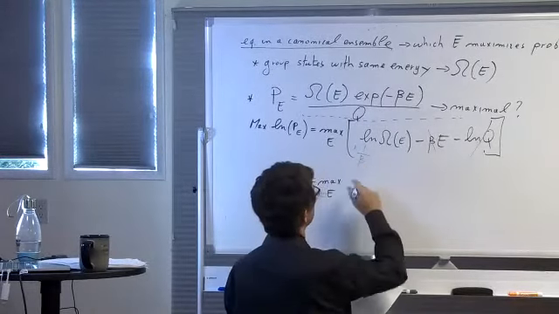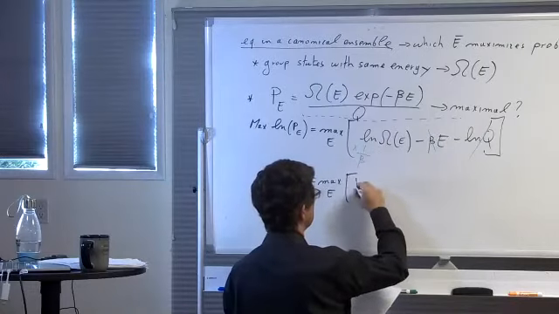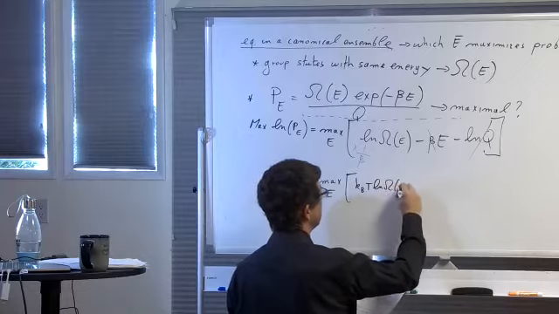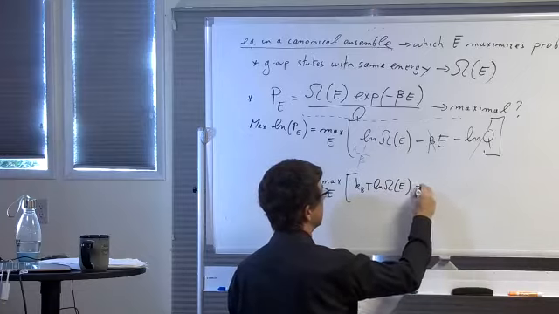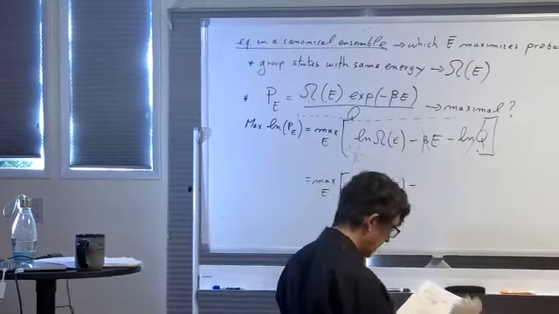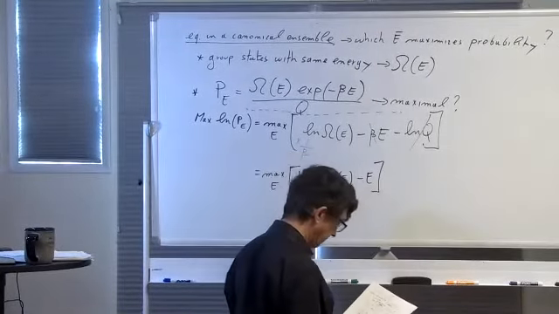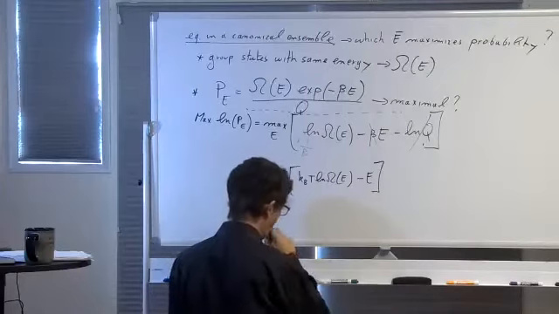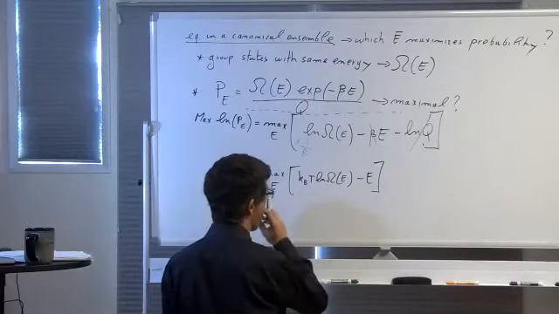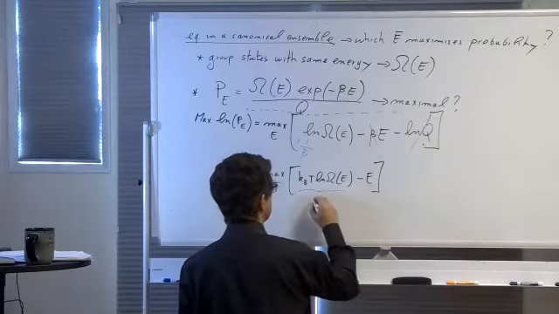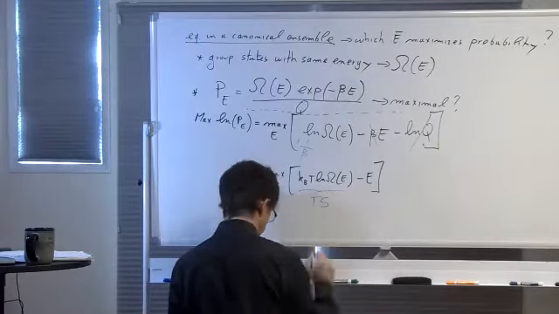So I get 1 over beta here, so I'm maximizing kB T log omega of E minus E. And this here, you know from Boltzmann, this is TS.